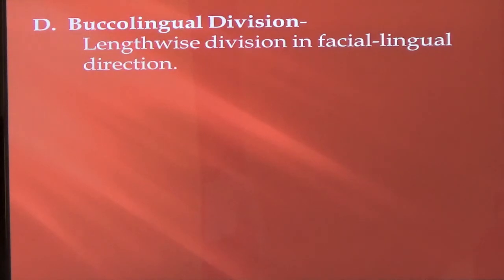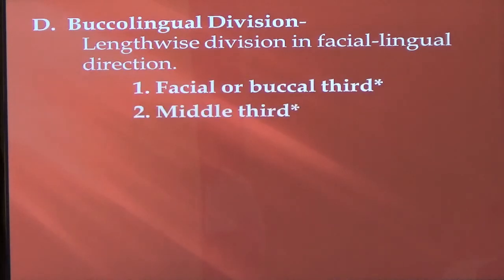Buccolingual, we're just sectioning the tooth into different pieces so you can learn the sides of the teeth. So buccolingual, we're going from which side? The cheek, good, to lingual, to the tongue. So we're dividing the tooth from cheek towards the tongue. So you've got the facial or buccal, middle third, and lingual third. So middle is always in there.